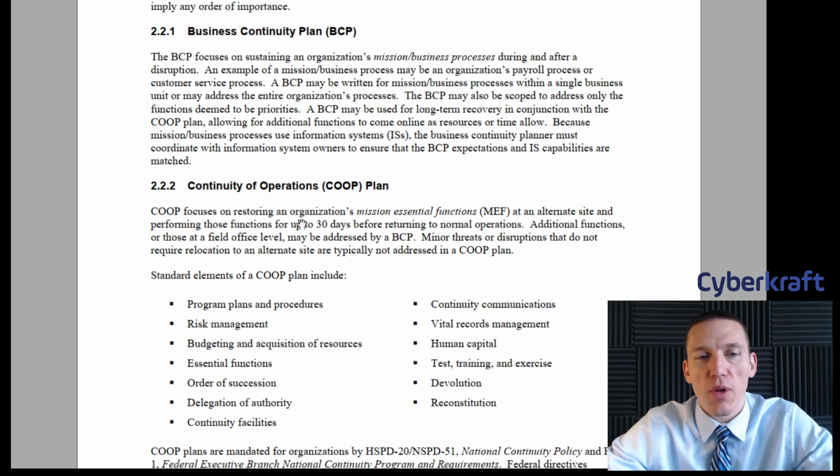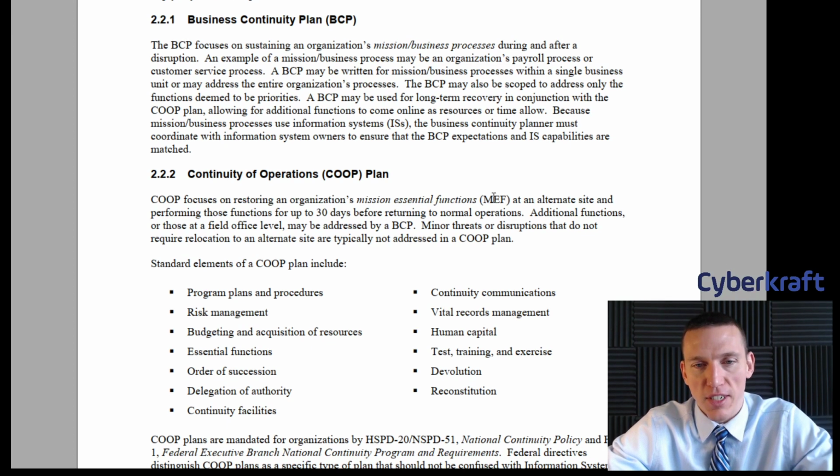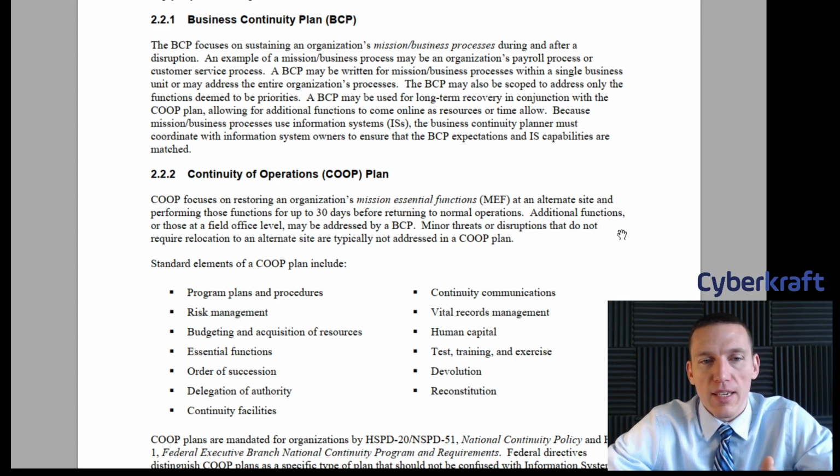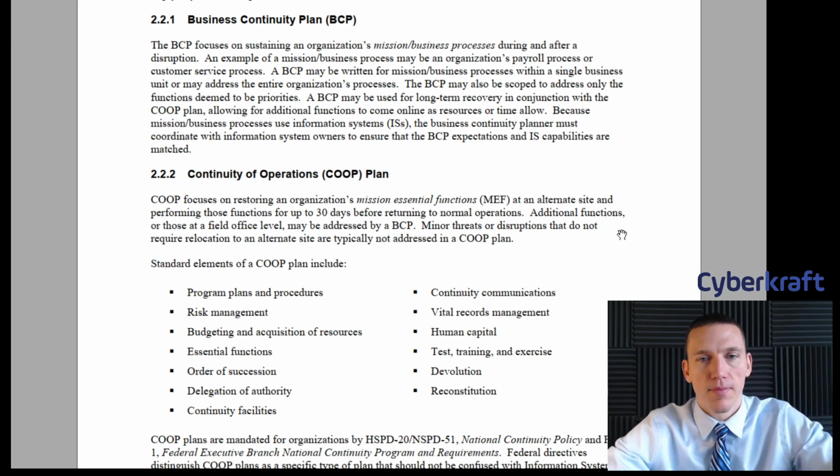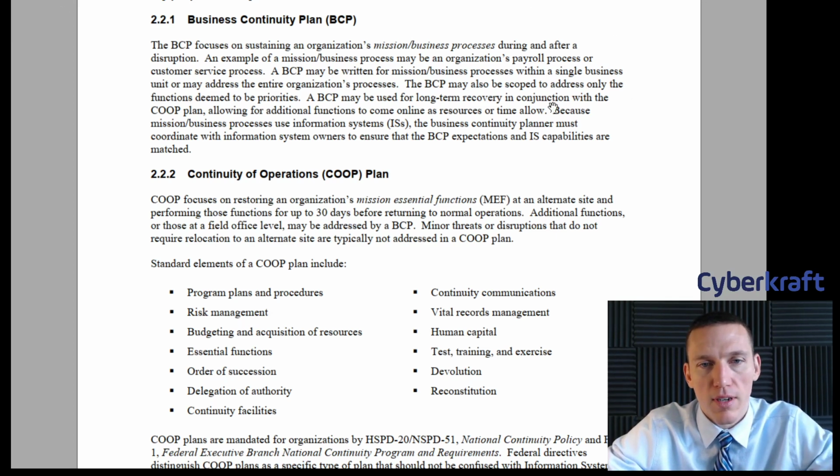Then you have a continuity of operations plan, which according to this would be the mission essential functions. Okay. So these would be the most essential functions for a business. So this would be more of just business processes, and this is essential processes.